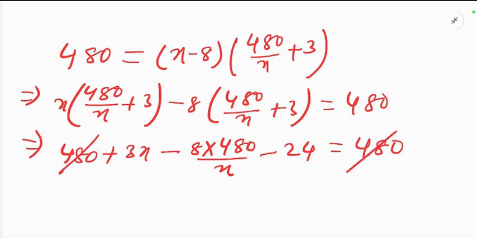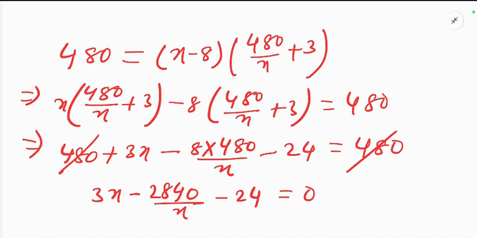This 480 and this 480 will cancel, and here we get 3x minus 3840 divided by x minus 24 equals 0.